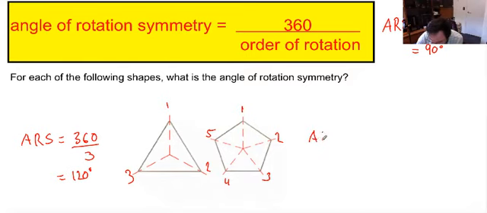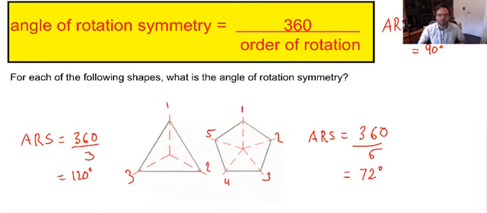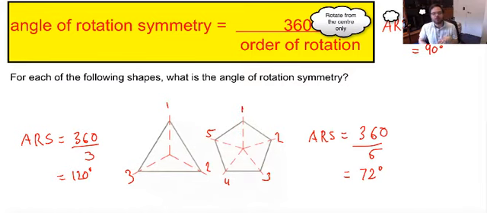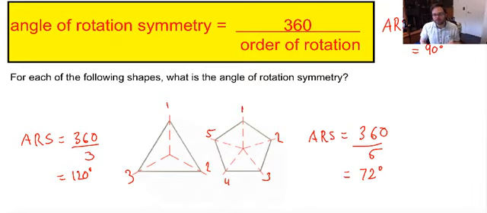My angle of rotational symmetry is equal to 360 divided by 5, which is equal to 72 degrees. So once again, what that means is this pentagon, if I rotate it 72 degrees, it will be symmetrical to my original shape. So I could rotate 72 degrees how many times I want, and it will always be symmetrical.